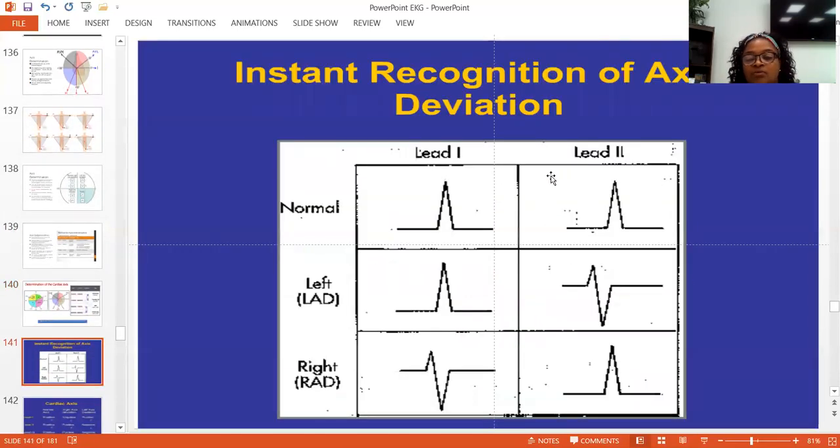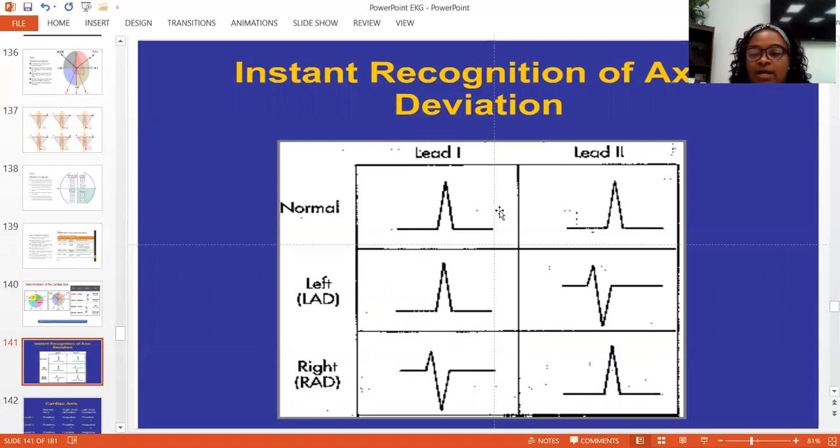This is one that can give you instant recognition of axis deviation. This one may be easier for some of you to learn. I'm particularly a visual person, so I would need this and the circle side by side to connect the two, but whatever works for you.